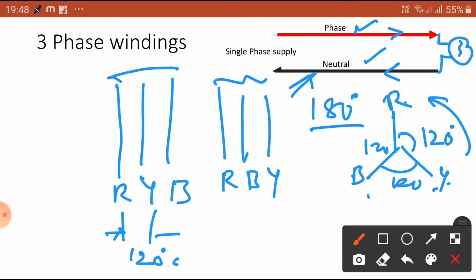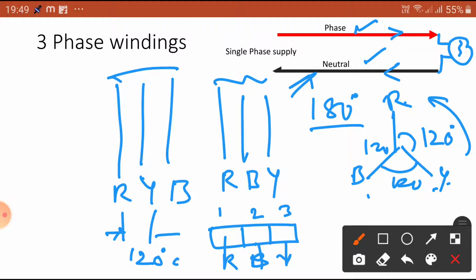Why? Here you can observe that in any 3-phase winding, consider the minimum number of slots that can be taken per pole per phase. In 3-phase machines, there will be a phase difference of 60 degrees between two adjacent windings. For example, slot number 1, slot number 2, slot number 3: you place the R phase, then the Y phase, then the B phase, for example. Then what will happen?